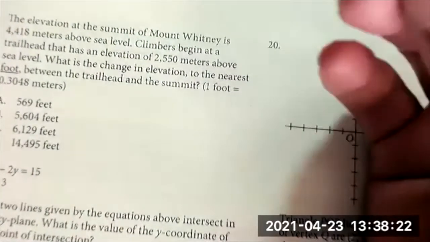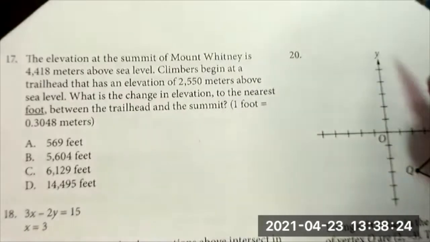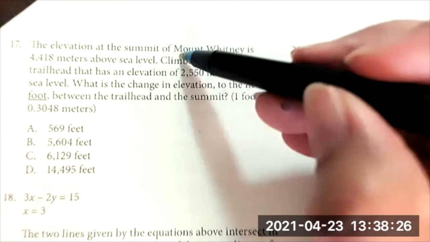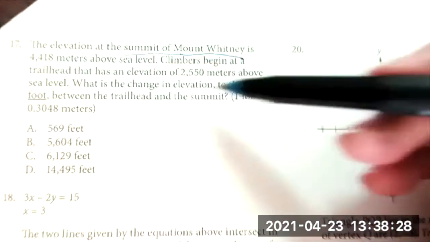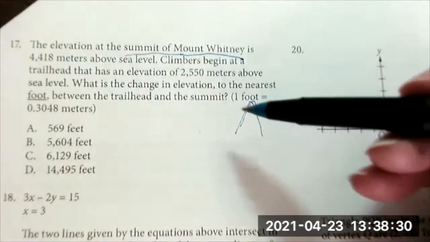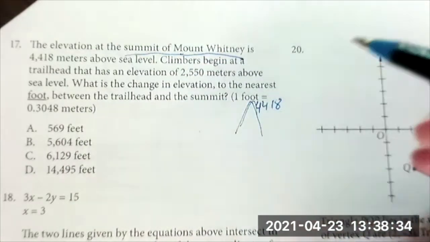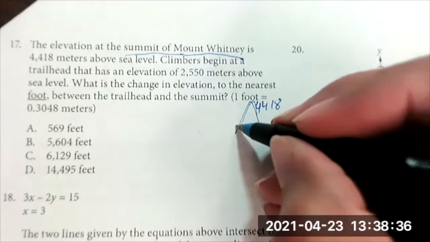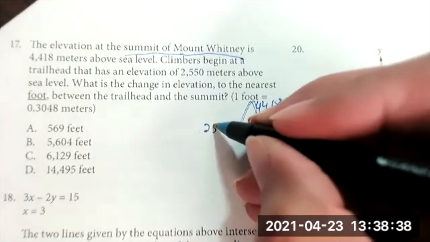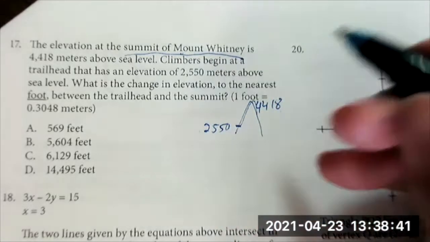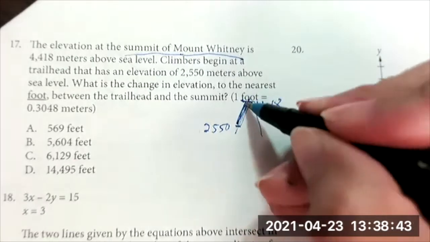Number 17 says there's a summit, like a mountain. It's 4418 on top, and they started at 2550. So from here to here, we're going to subtract.